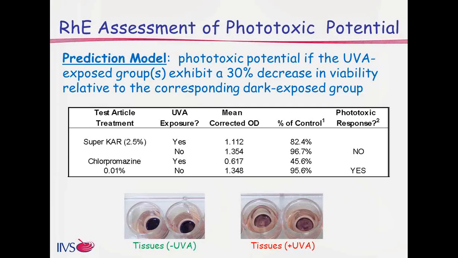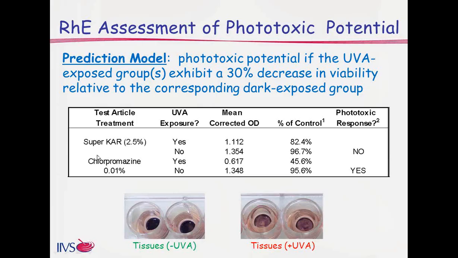In terms of our phototoxic potential assessment for this assay, we're going to, again, look at the tissues exposed in the presence and absence of light. And if we see a 30% decrease in the cells exposed in the presence of light compared to those exposed in the dark, we'll then say that that test material has phototoxic potential.